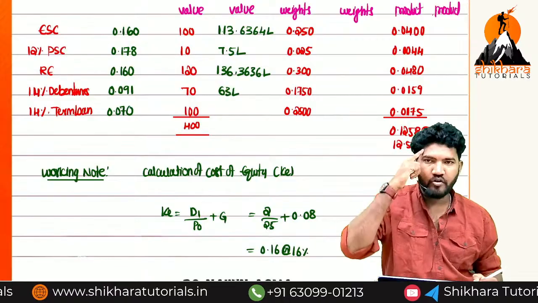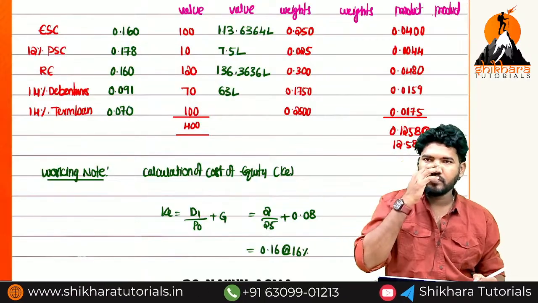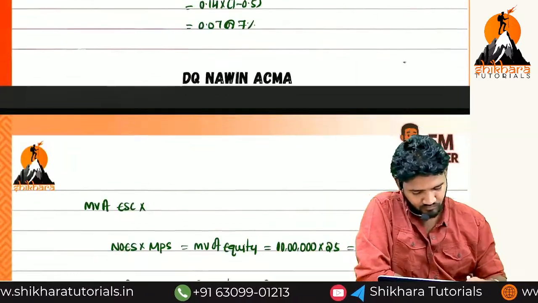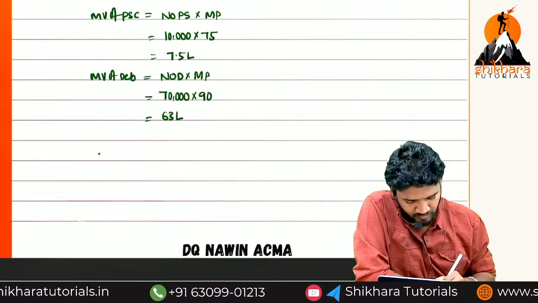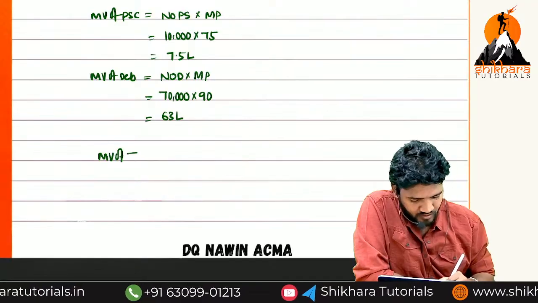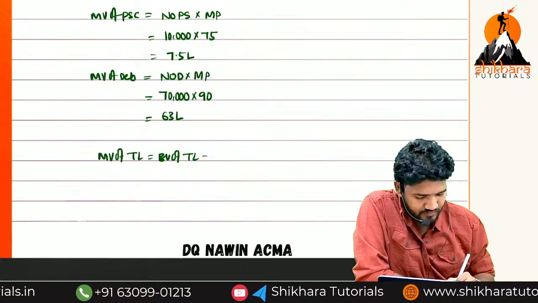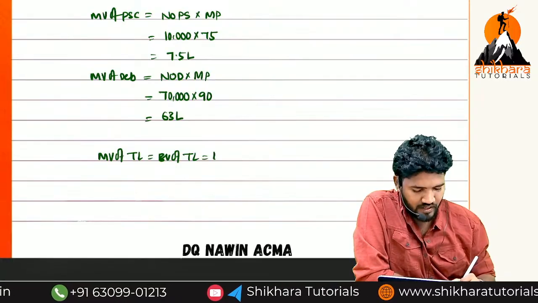What about the term loan book value, market value? There is no calculation part. Market value of term loan is nothing but book value of term loan. Answer? 100 lakhs.